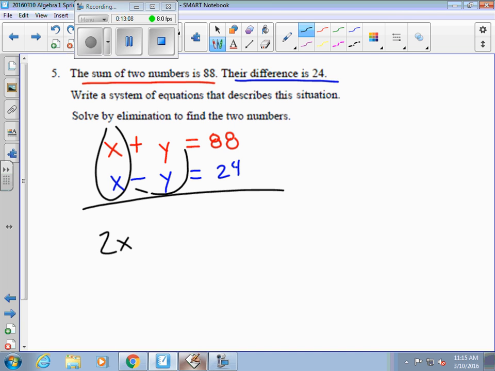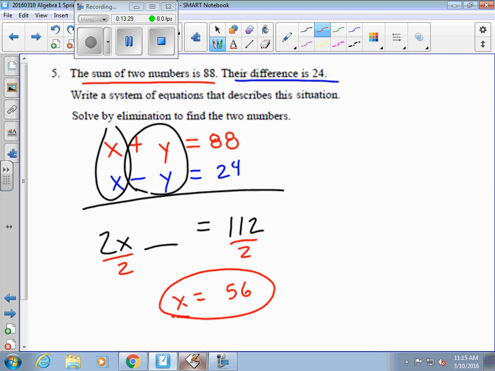When we combine negative y and positive y, we get no more y's. And when we combine 88 and 24, we get 112. So 2x equals 112. Divide by 2 to get x by itself. X then is equal to 56. So x is 56. That's one of the numbers.